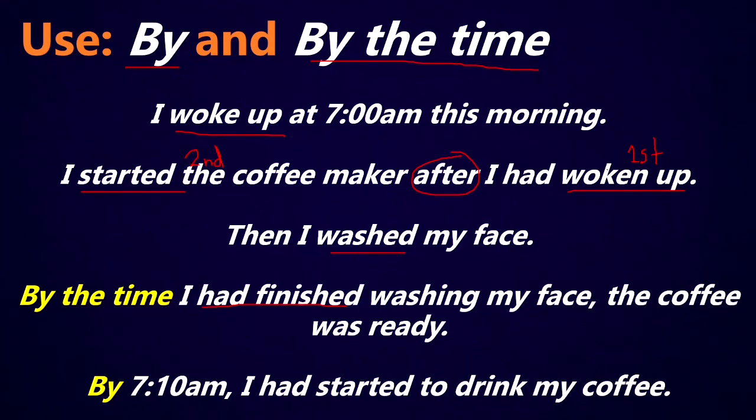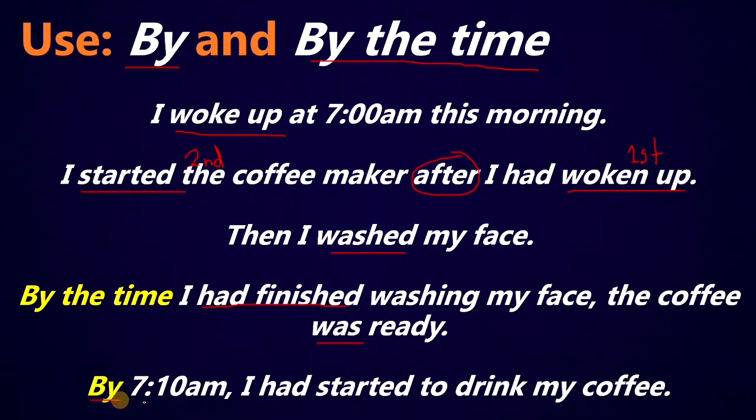Because remember, washing my face happens before the coffee was ready. So I woke up, I started the coffee maker, I washed my face, then the coffee was ready. So by the time I finished washing my face, when I'm done with that, then the coffee's ready.